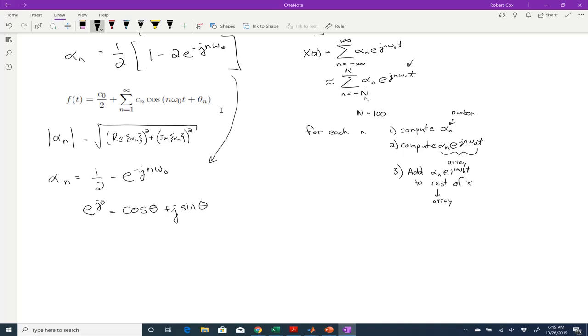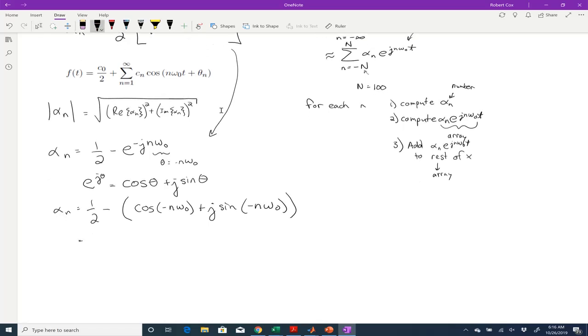If I use that here, alpha n must be 1/2 minus cosine of negative n omega naught. So up here, theta is minus n omega naught. So I say plus j sine of minus n omega naught.